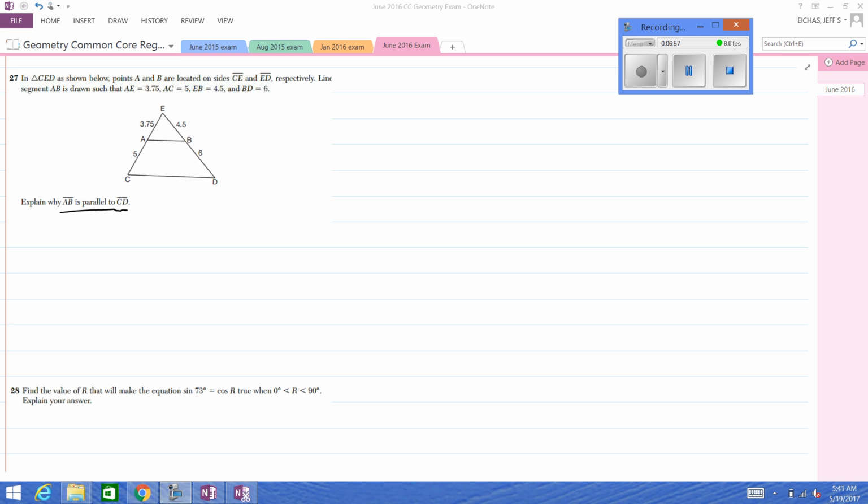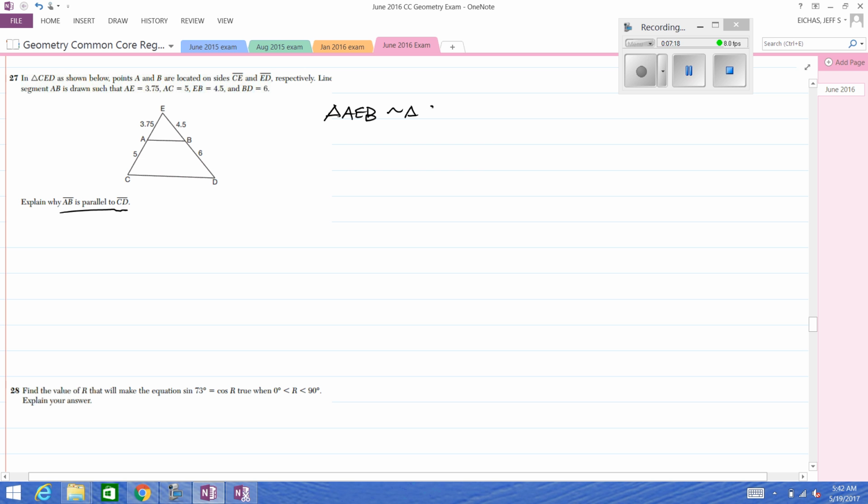It's just something we coin in our department. So I'm going to go with prove. It's a lot for 2 points, but I just don't want to leave any room for anybody to take points off here. So my goal is going to be to show that triangle AEB is similar to triangle, sorry, get the order correct here, CED.